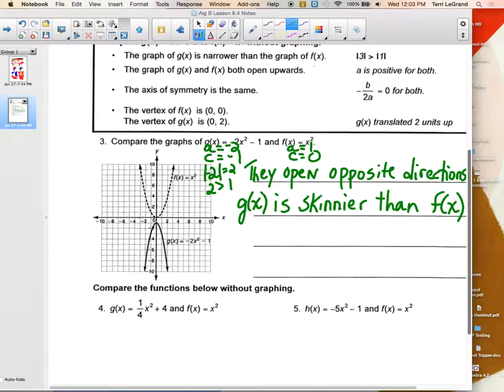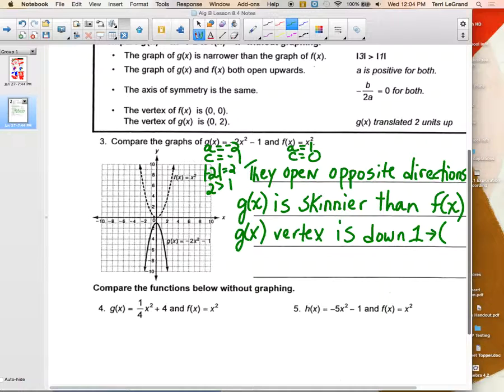Okay, that takes care of our a value, the 2 things that we look for with our a. Now our c value. What's true about our c value? Are they the same? Okay, so that means the vertex didn't stay in the same spot. What did it do? Okay, so g of x vertex is down 1.